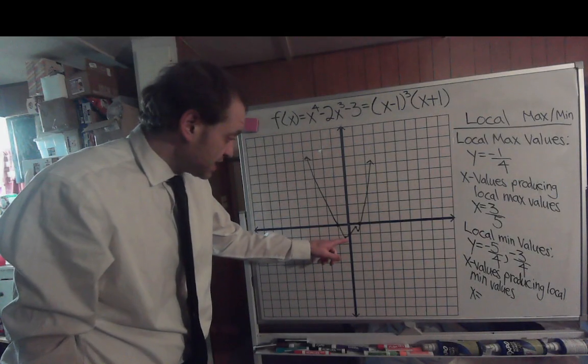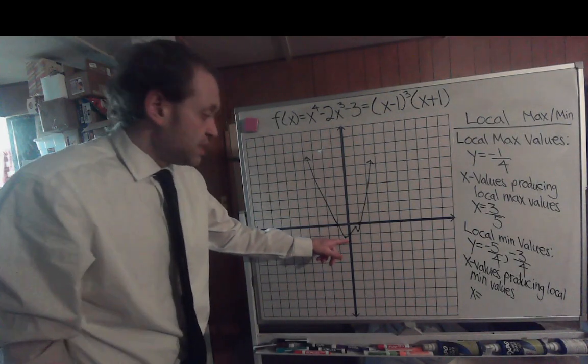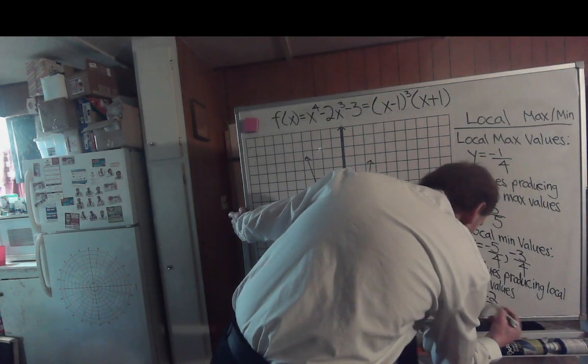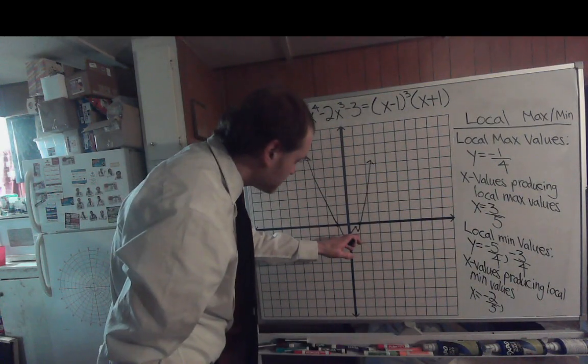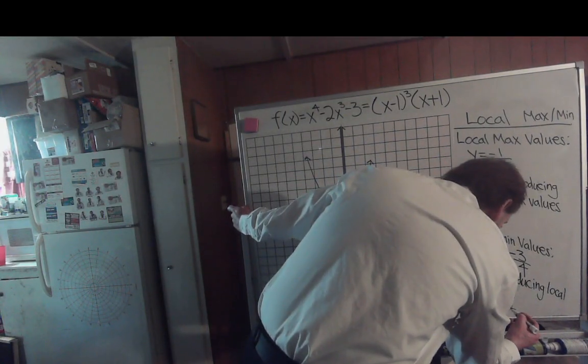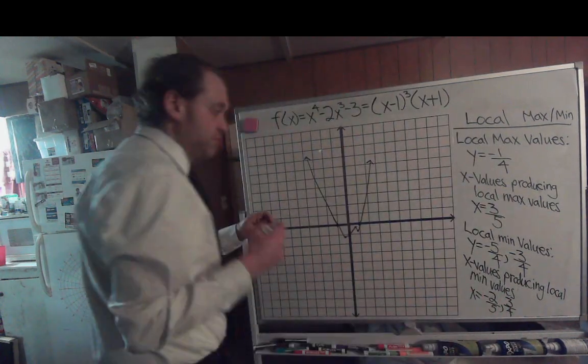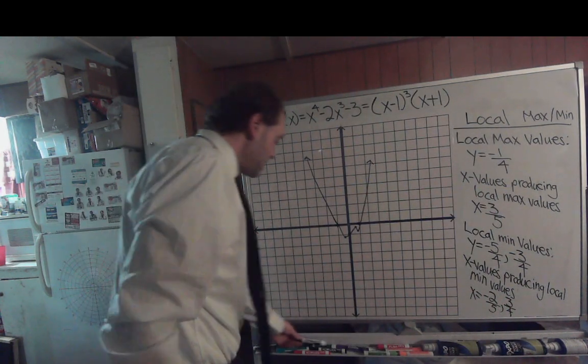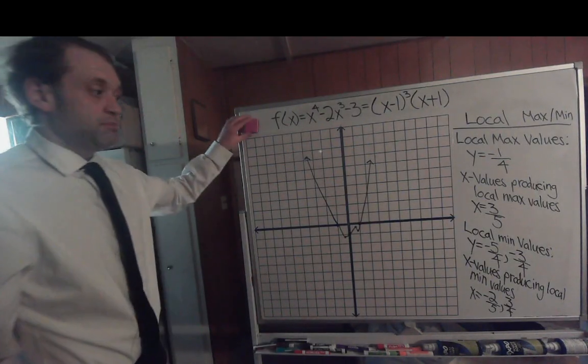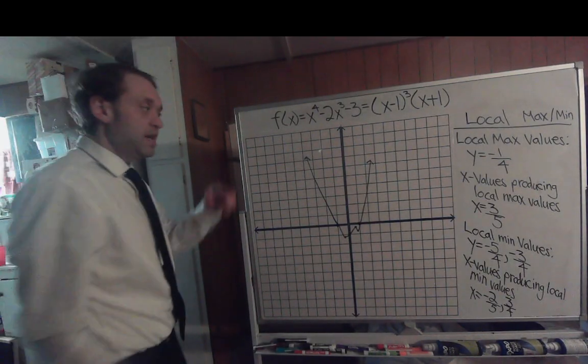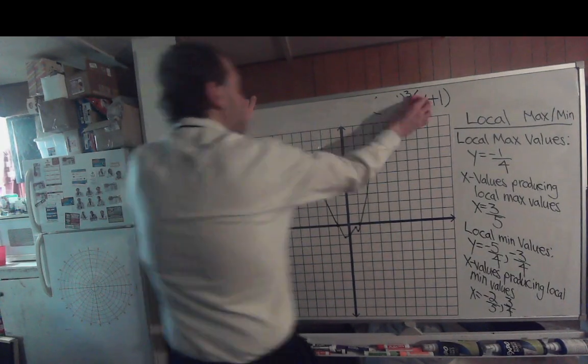So x would be about, I would say, negative 2/5 for the first one, and then your second one would be about 3/4, roughly. That's just a rough estimate. So that's how you find local max and min values. And I do got more here. We're going to do more.